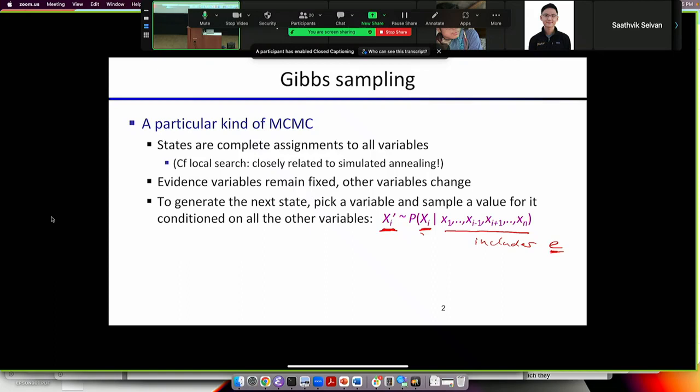Well, you could have a partial assignment. So in the constraint satisfaction algorithms, like backtracking, you build the assignment by assigning one variable at a time, if you remember. But here we're only working with complete assignments. So this is more like the hill climbing algorithms, the simulated annealing algorithms.